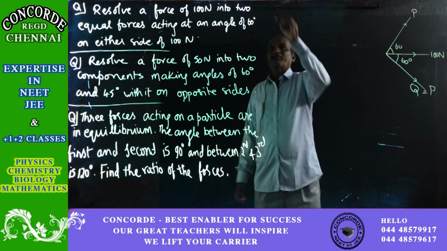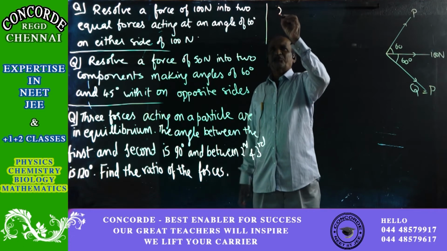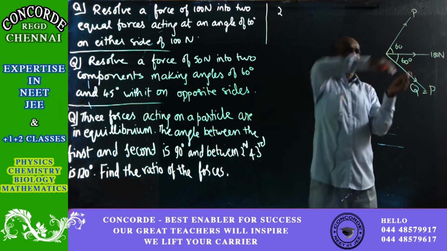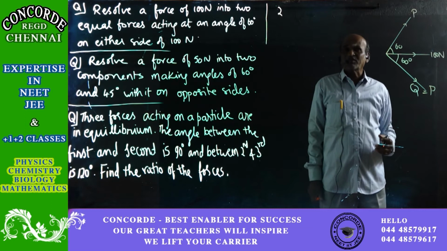So here, 2 into P, because the angles are equal. See, when a single force is divided into equal angles on either side, the forces have got to be equal.